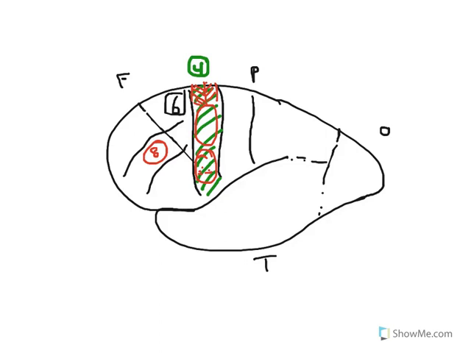And if this area is lesioned, it causes movement of both eyes to the same side of the lesion, because the right frontal eye field area, for example, is responsible for conjugate movement of both eyes to the left side.